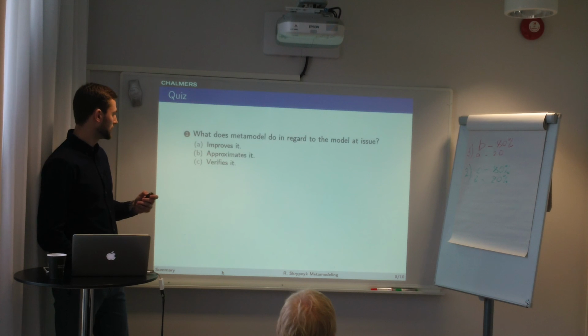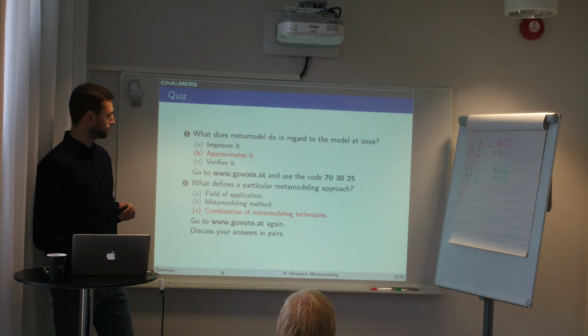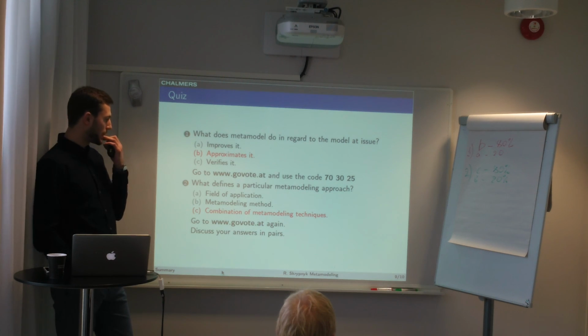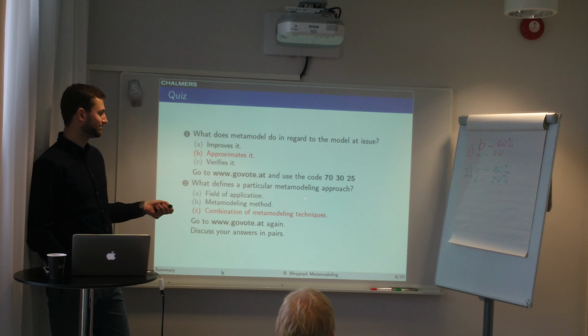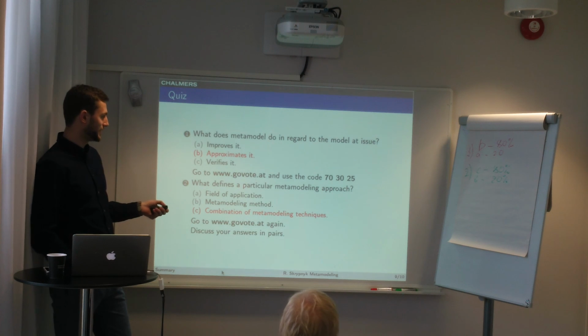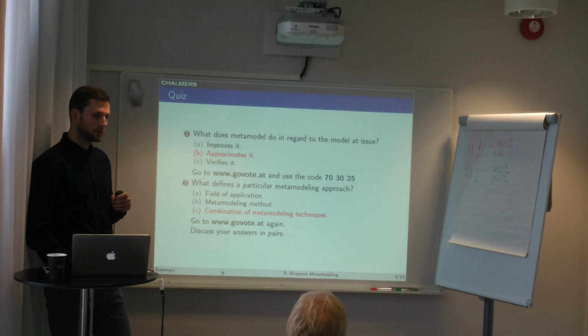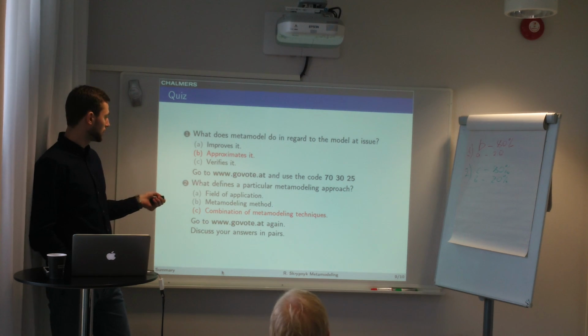So for that reason, C is the right answer. But what does metamodeling method and combination of metamodeling techniques mean actually? Combination of those techniques is actually the method, right? So B and C could be equal.